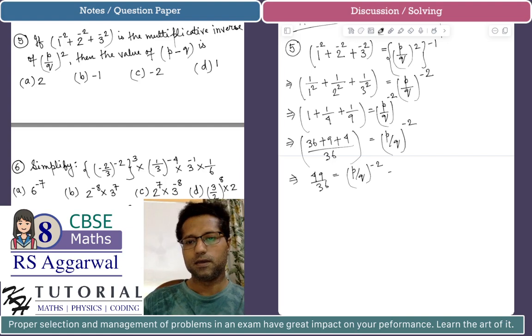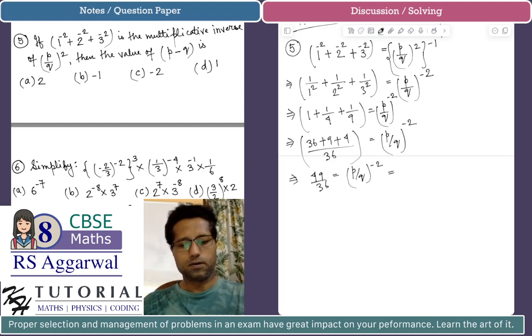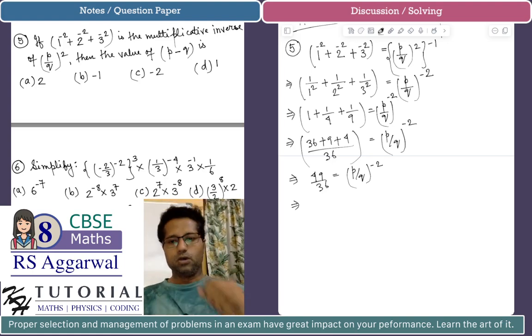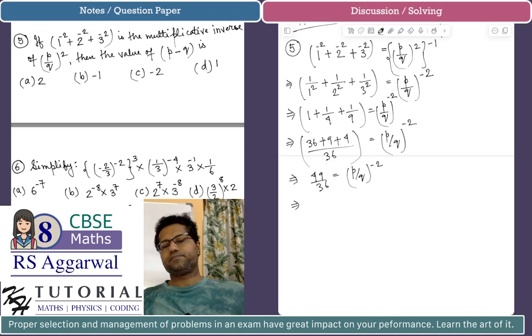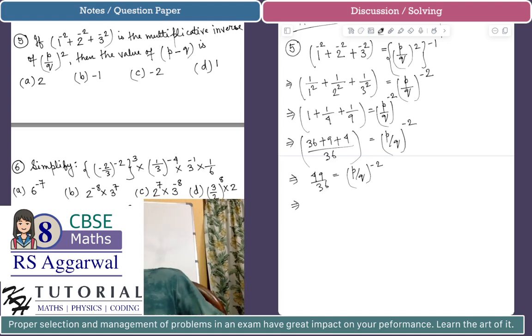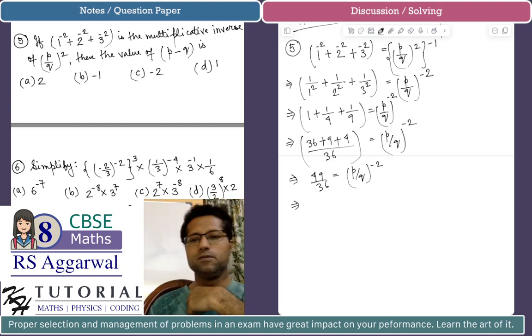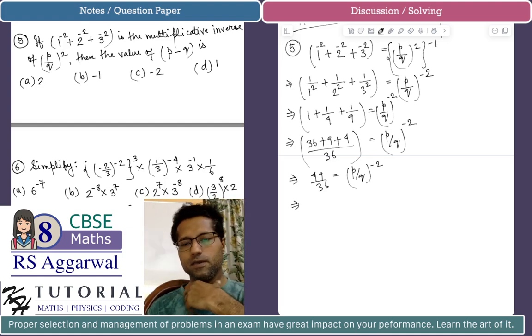Now 49, now we can see equality of two terms where the right hand side is an exponential term, and the left hand side term is a rational term, but it can be expressed in exponential form because 49 is 7 square and 36 is also 6 square.